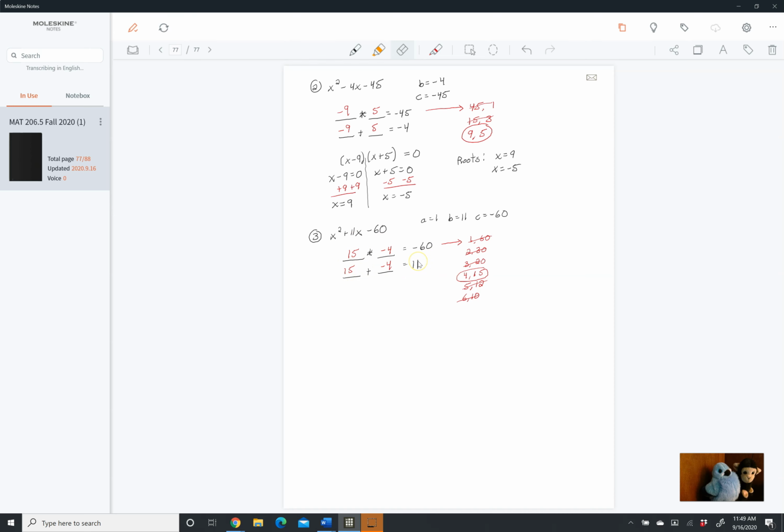If your b is positive, then in order to get a positive number when you have a negative number, you have to start off with positive on the positive side, where your larger number is positive. Okay? So what does this mean? This means that our factors are x plus 15, x minus 4.